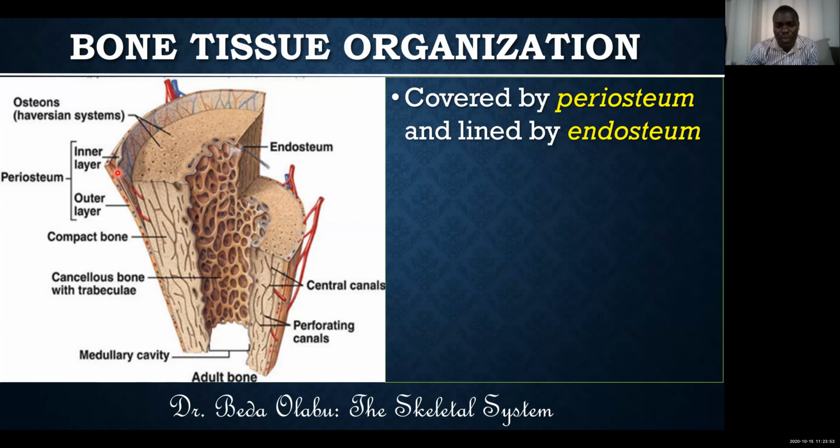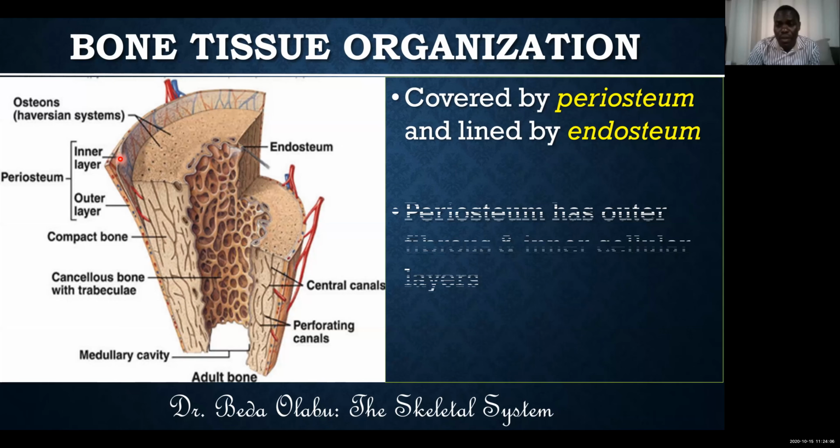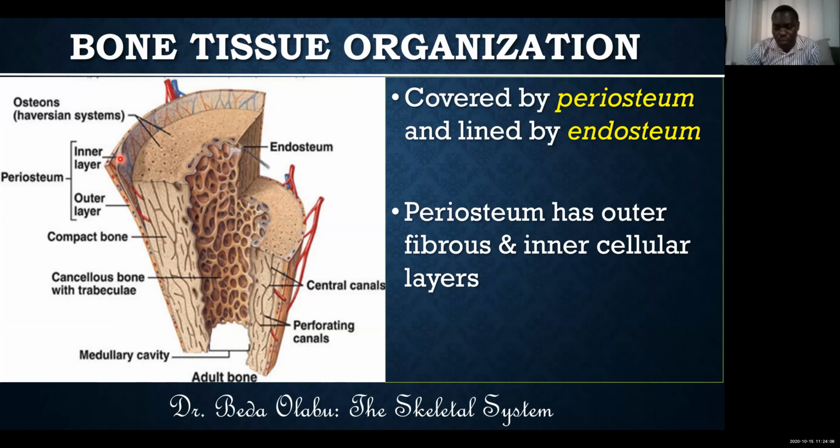The inner layer of the periosteum is cellular. This inner layer is largely for growth of bone tissue. So the one for growth is largely the inner cellular layer.